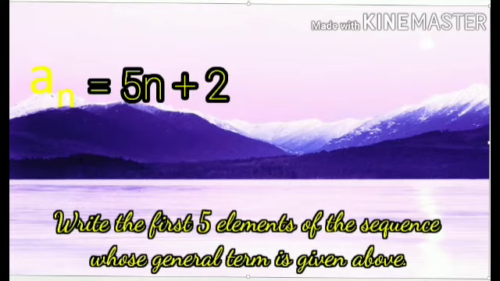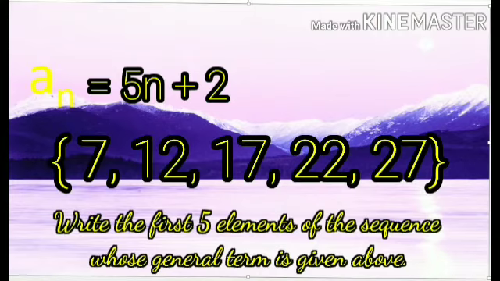What are the first 5 elements of a sub n is equal to 5n plus 2? Answer: 7, 12, 17, 22, and 27.